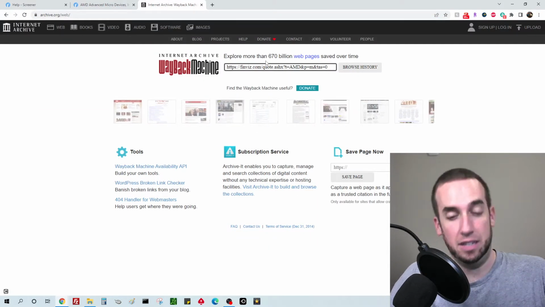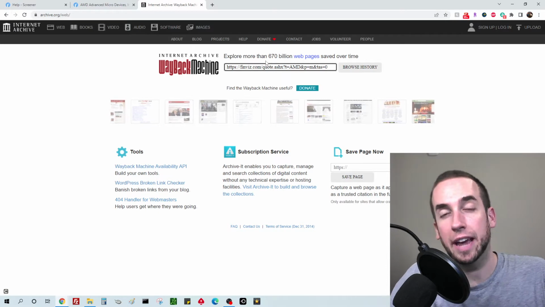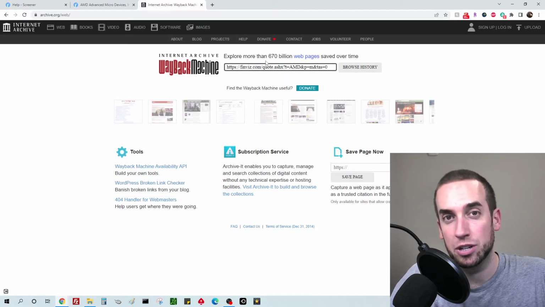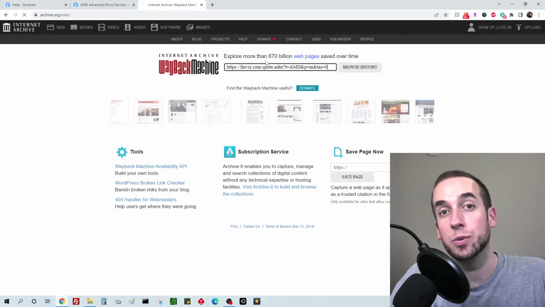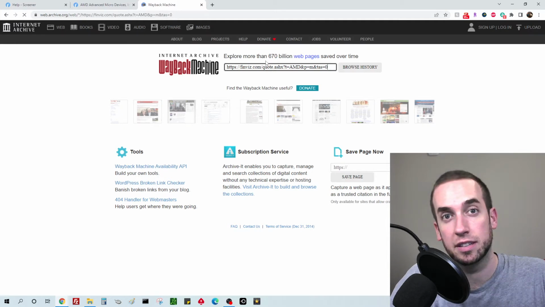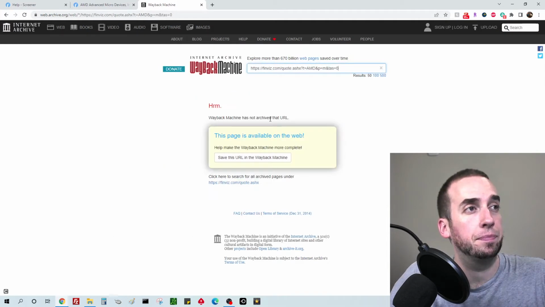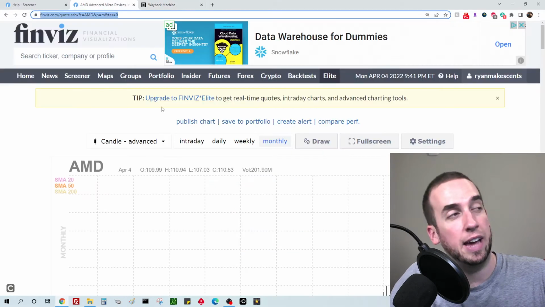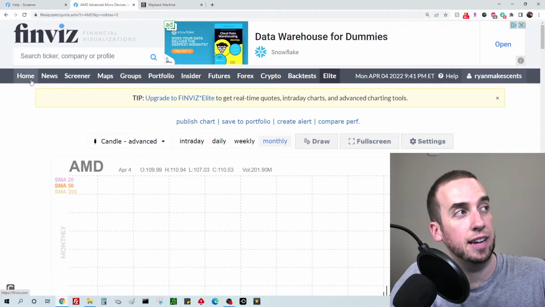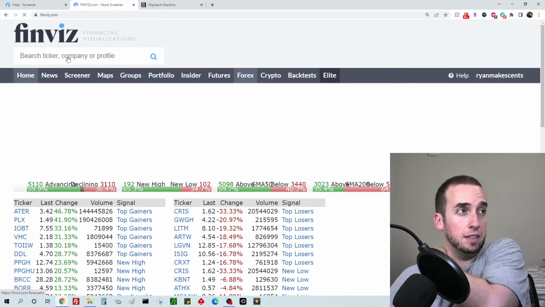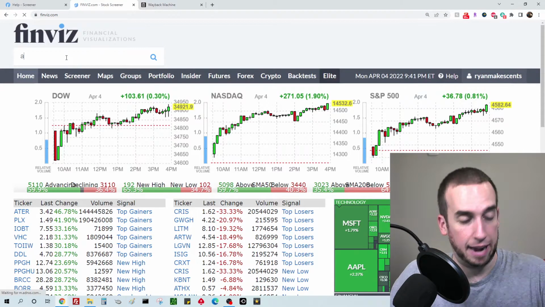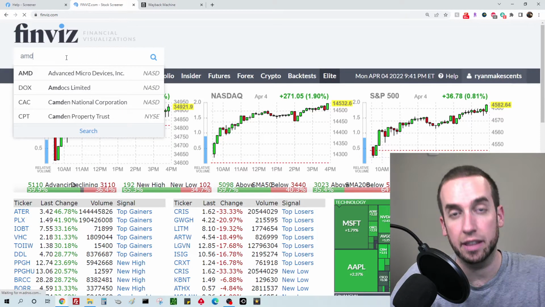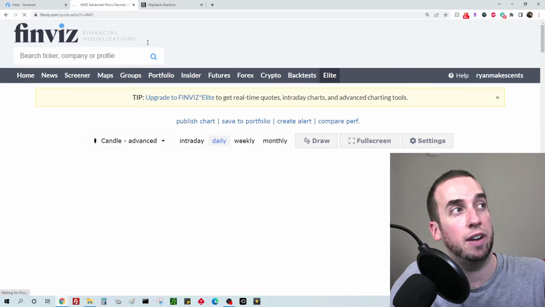But you can't click any other time frames when you enter the stock because you are going to get an error such as this. It doesn't exist. So we have to exit AMD, go back, and take the link that is provided on the landing page, which is right here.